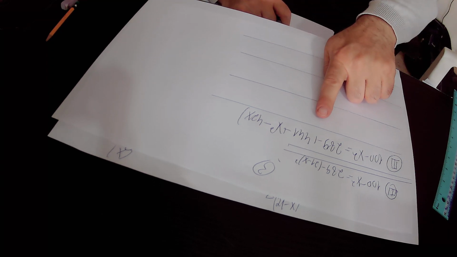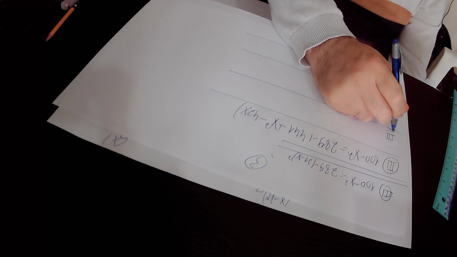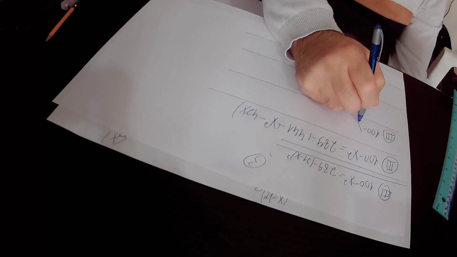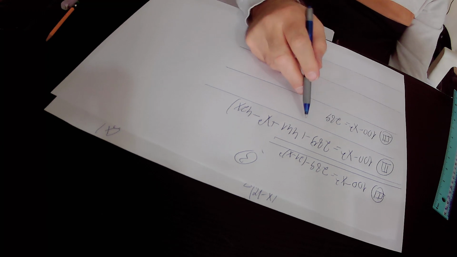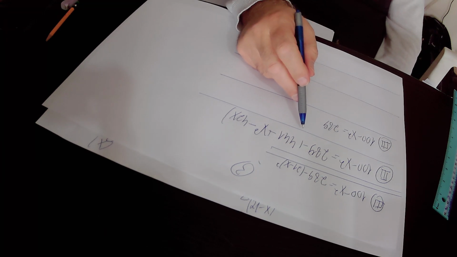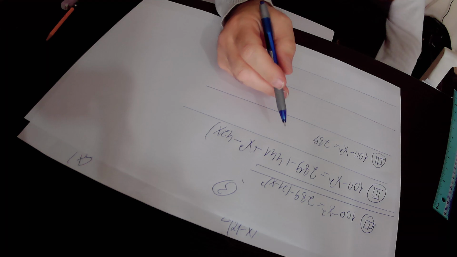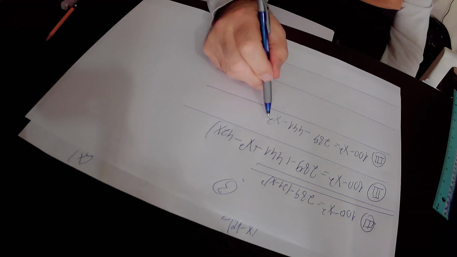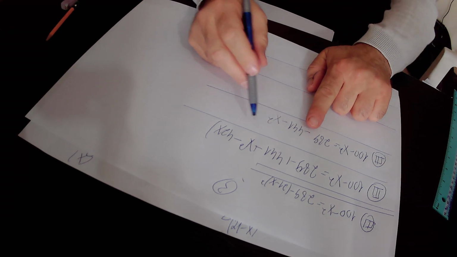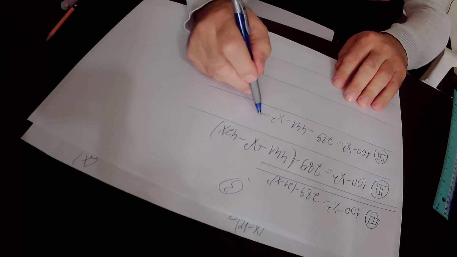Here we open the brackets in this expression, and we get that according to equation 3, 100 minus x squared equals 289 minus 441 minus x squared, and minus times minus is plus, so minus 42x becomes plus 42x.